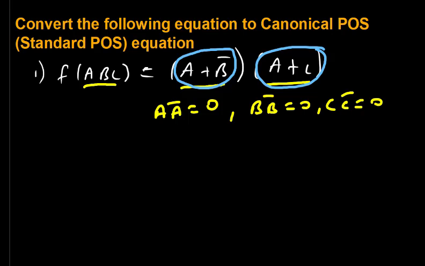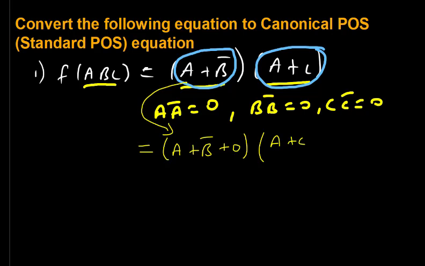So what we do is write this as A or B bar, and since the missing variable is C, we write C bar, which is 0. So this is A or B bar or 0, so it won't change the equation. We write it in this way. In the same way here also, A or C or 0.